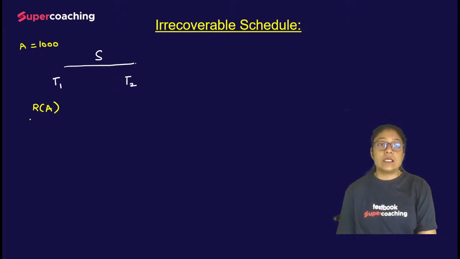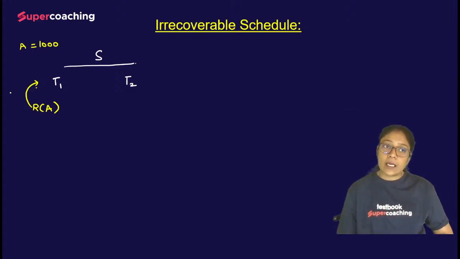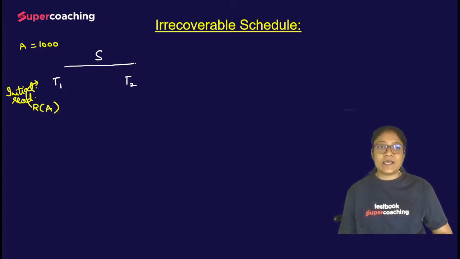This is the initial value. So this is the initial read since it is reading the value from the database, because until now no transaction has modified the value of data item A. I'll be using these terms frequently when we talk about the concept of serializability as well.